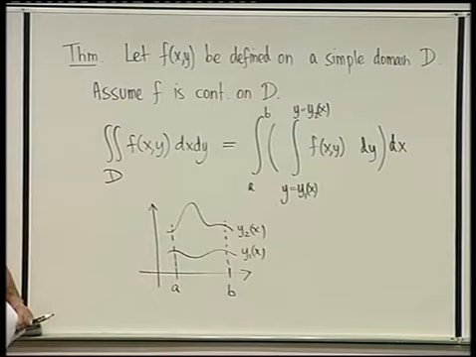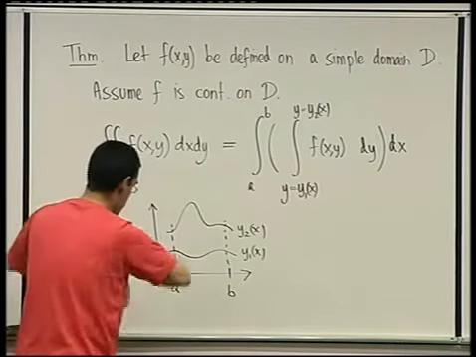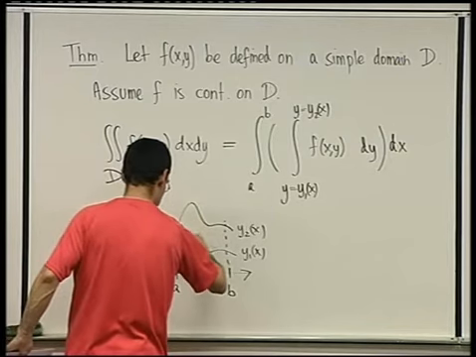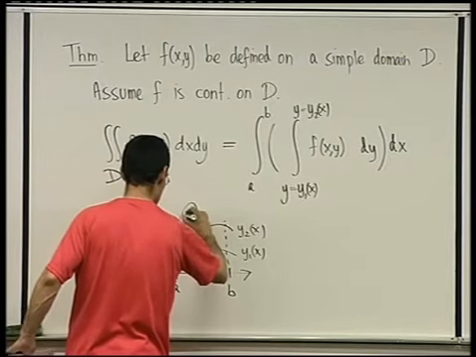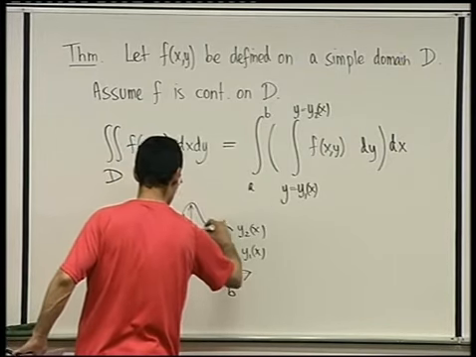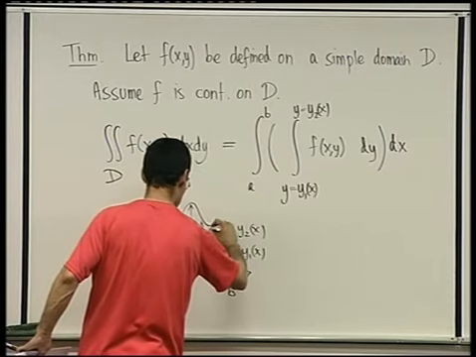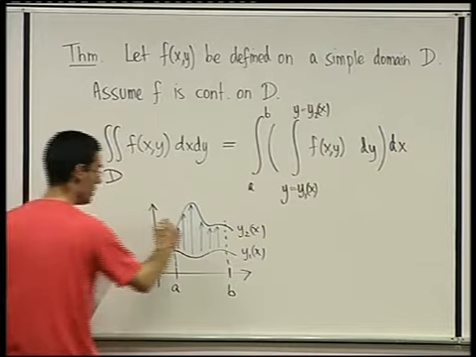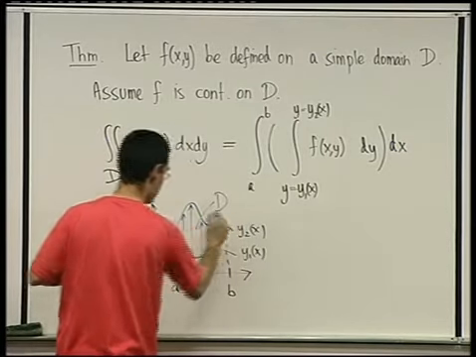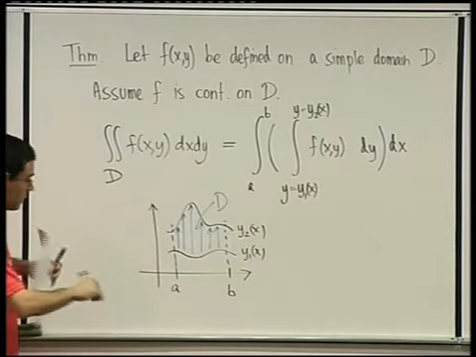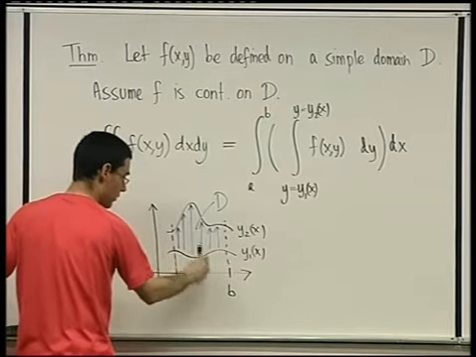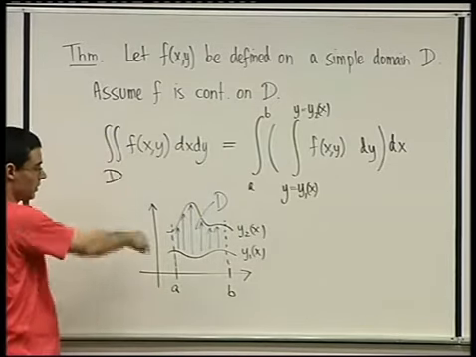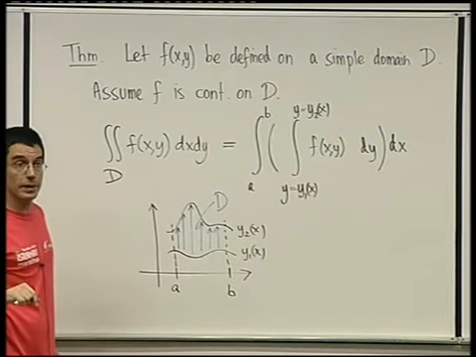The domain is this thing inside here, but I want to shade it in a suggestive way which will help us in thinking of these problems and calculating later. So this is D. x's are restricted between a and b, and for each x, the y's are between two functions of x. So this corresponds to this picture of the domain.